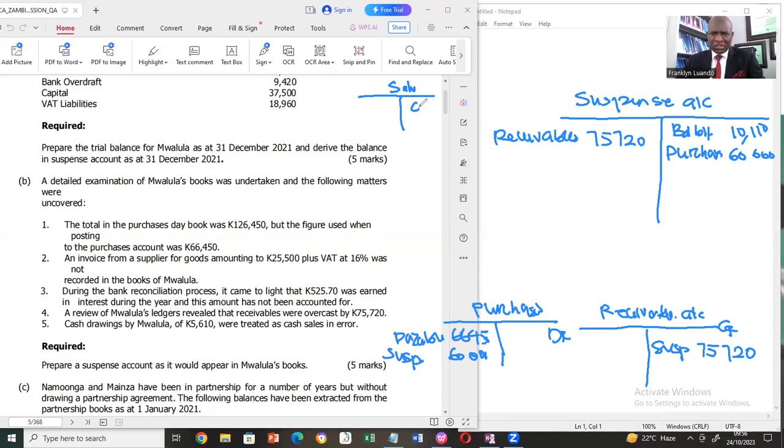It was cash there, 5,610. This is supposed to go to the drawings account. So there you say suspense, 5,610 to remove it from there. So now in the sales you debit, in the suspense you are going to credit. This will be coming from sales, 5,610.